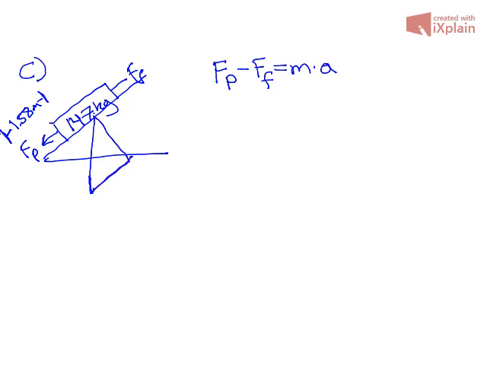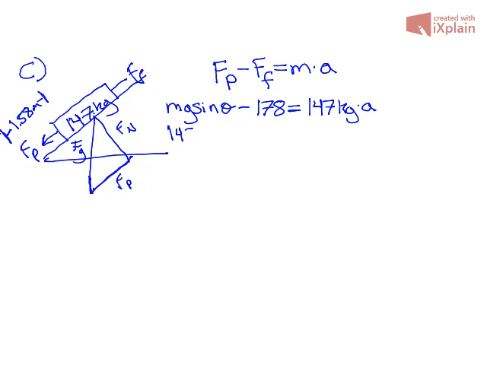So it's going to be FP minus F sub F equals m times a, or force parallel minus force of friction equals mass times acceleration. We know that the force parallel is mass times gravity times the sine of theta, and then we know the force of friction because we calculated that in part B of our problem to be 178 newtons.